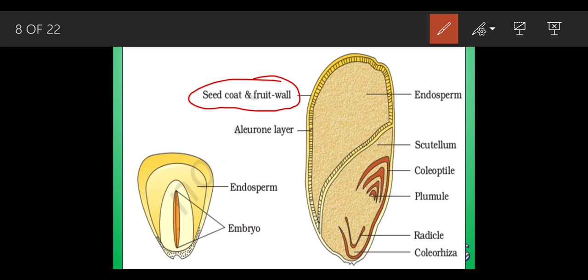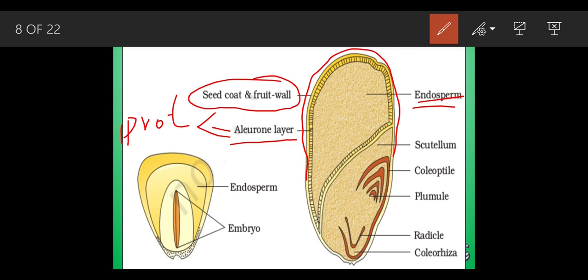Now the outermost layer of this endosperm is called the aleurone layer. This aleurone layer is rich in proteins, so that it can provide a sufficient amount of nutrition to this maize.